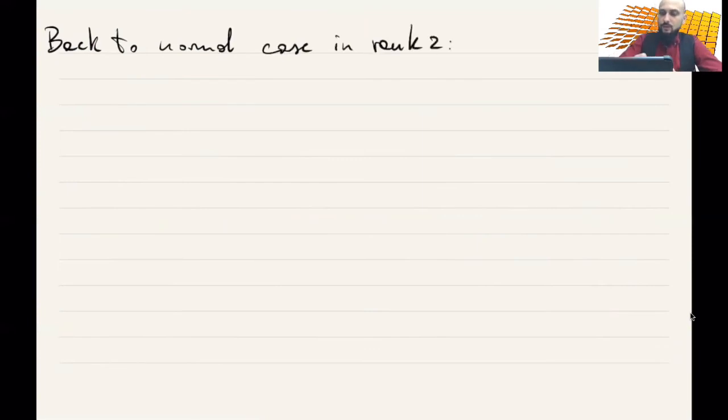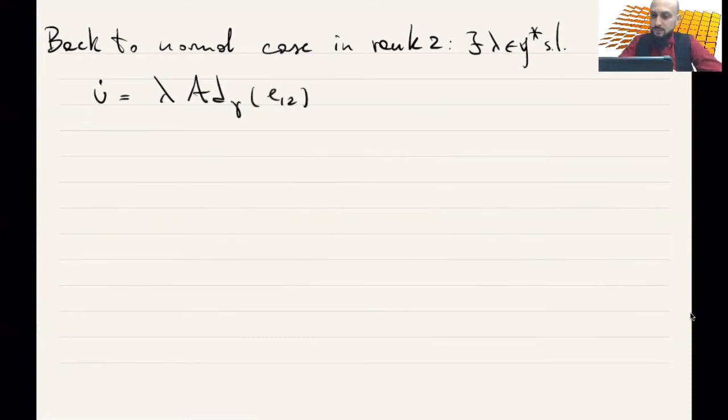Okay, so we know that there exists a covector lambda such that u dot is equal to lambda, Ad gamma E_{1,2} times (-u2 E1 + u1 E2). So this was what we get taking the derivative of the normal equation in rank 2.